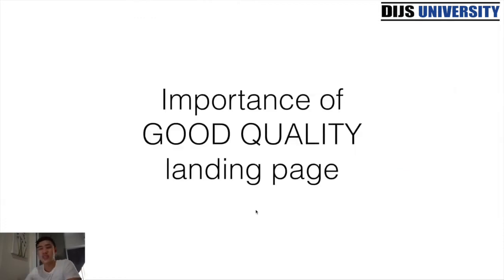So that is the importance of a good quality landing page. If you put a bad landing page and a good landing page side by side, you can see that one can generate much better results than the other.